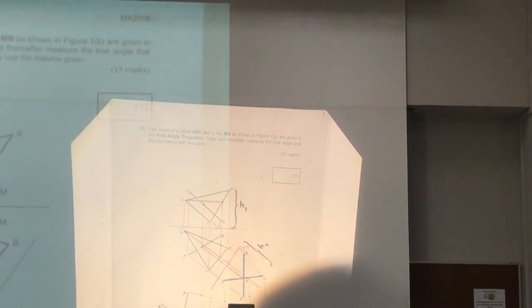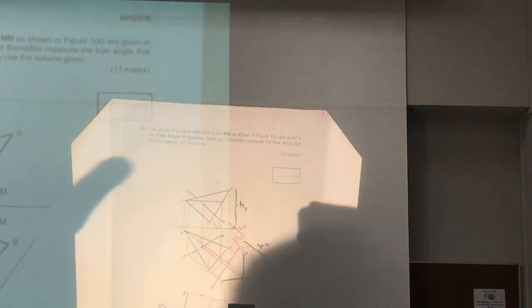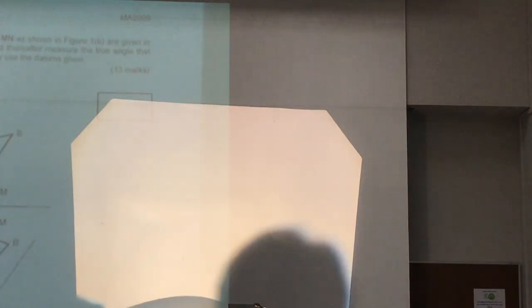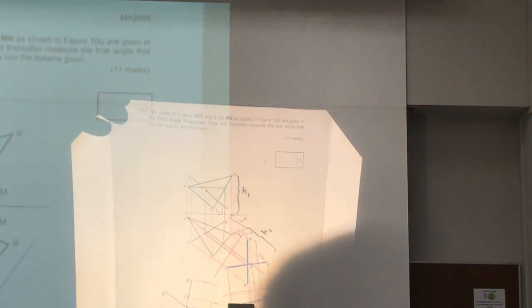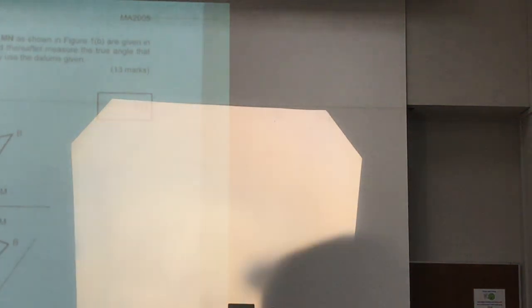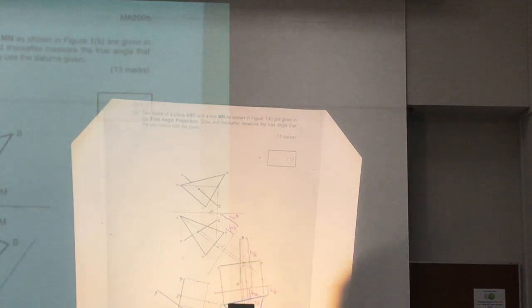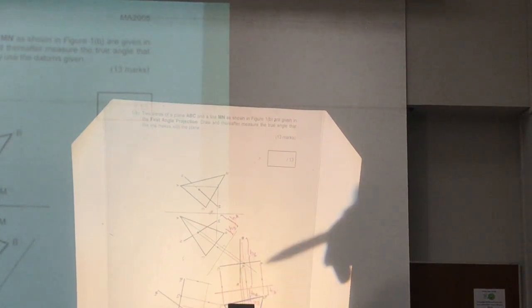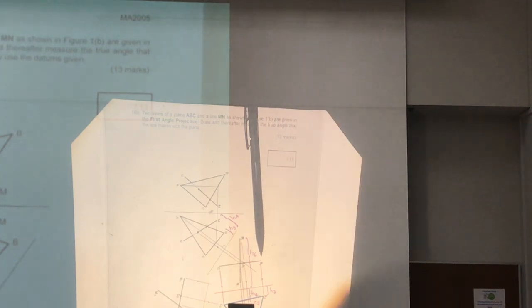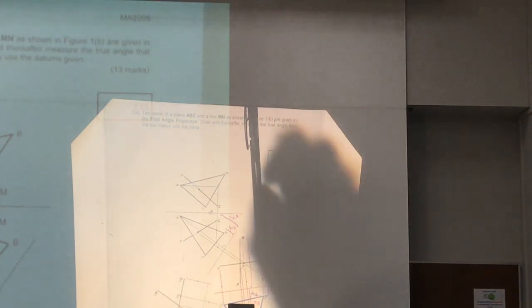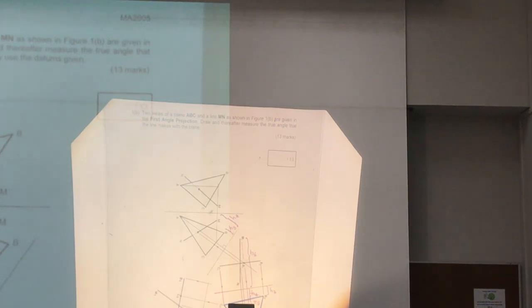Now, what you have to do next is slide to the second transparency. Let me remove the first one, then after that I put all together, so you all can see better. Now, if we place our eyes here, normal to ABC, we will get a true shape, TS.